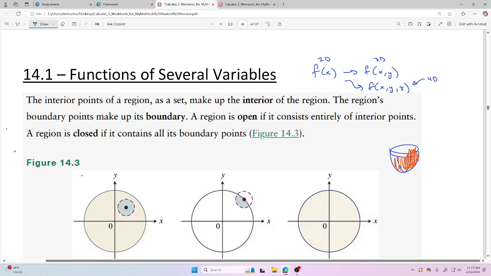Open, if it consists entirely of interior points, closed if it contains all of its boundary points. But those are still legitimate points, right? I mean, they're just different heights, but they're not like undefined.